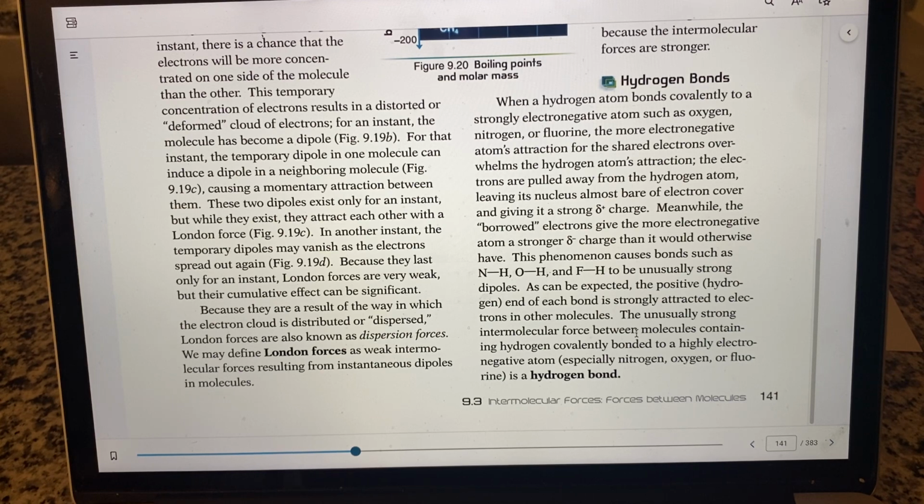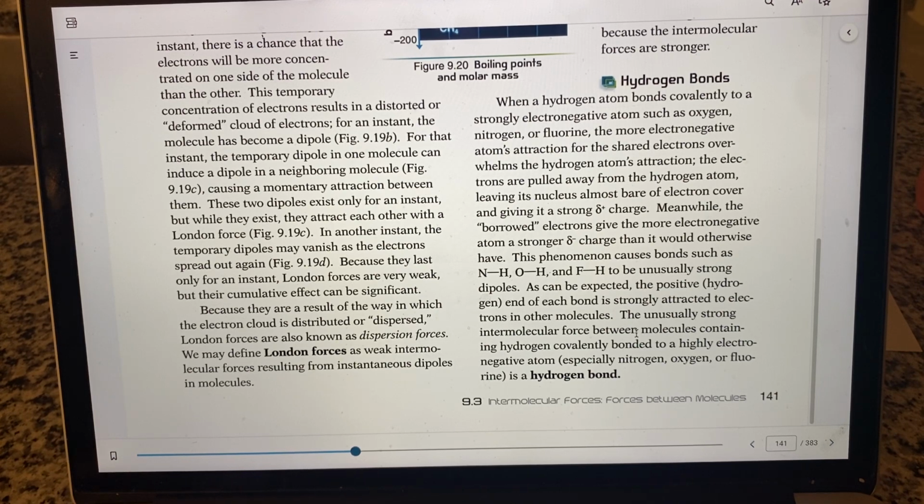And because they have that very strong electronegative atom drawing them in, electrons are pulled very heavily away, leaving hydrogen bare in its nucleus, a very strong positive on the nucleus.